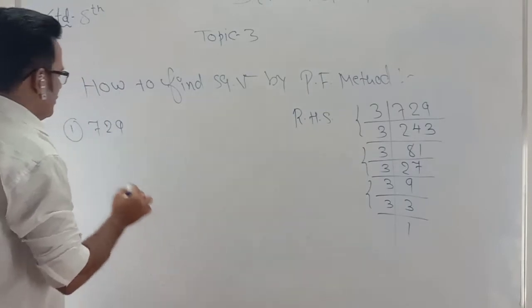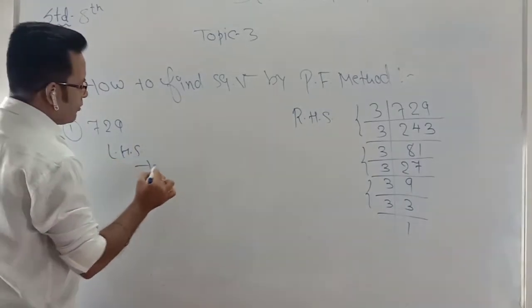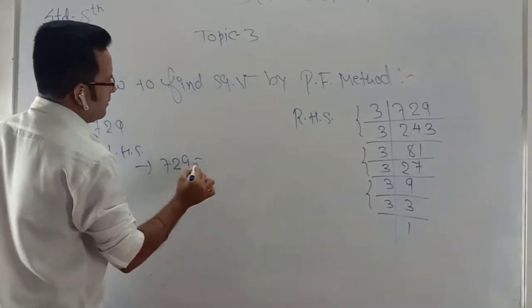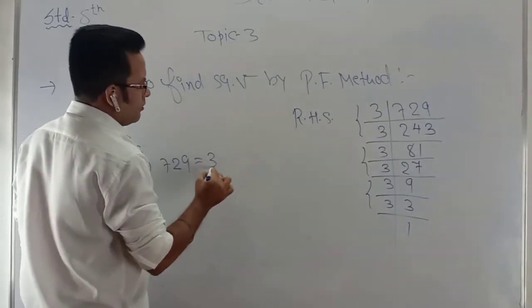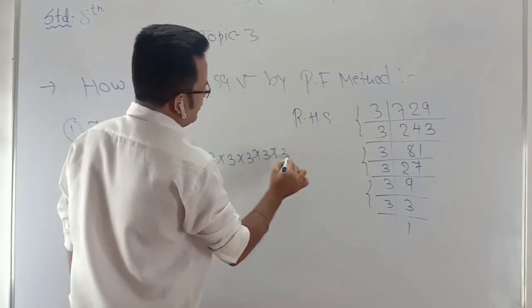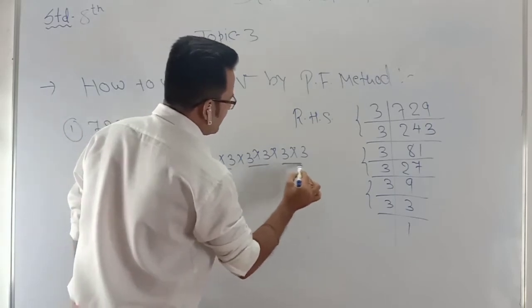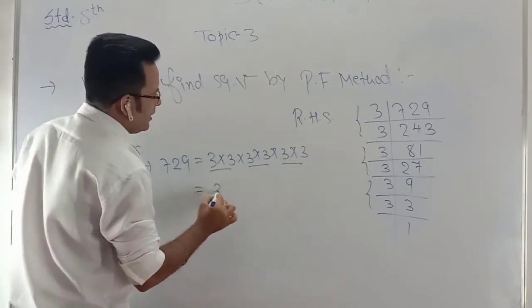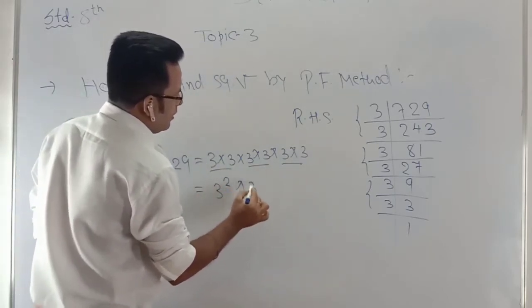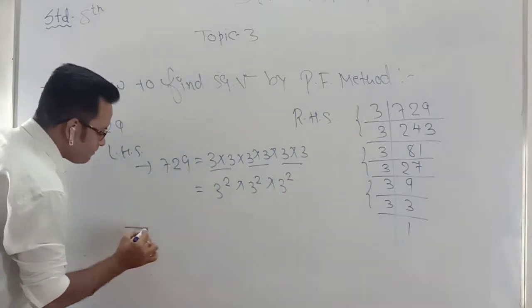Now you have to come to your LHS side, in which you have to write 729 is equal to 3 into 3 into 3 into 3 into 3 into 3. Underline the pairs. So it will be 3 square into 3 square into 3 square.